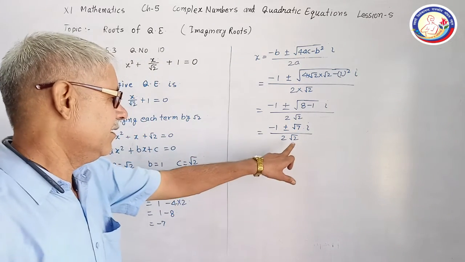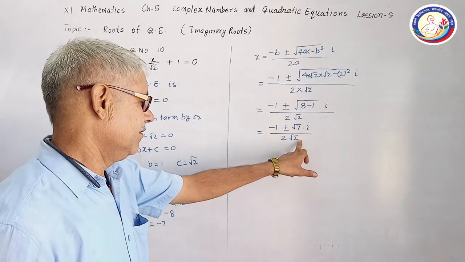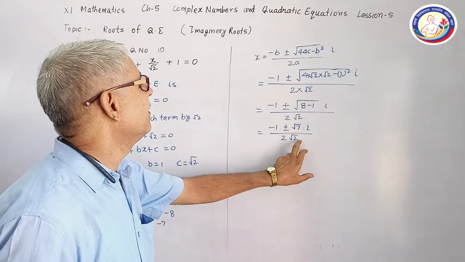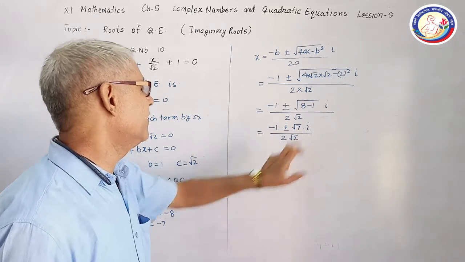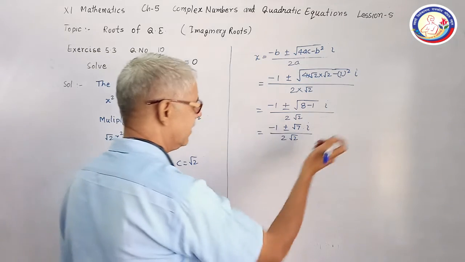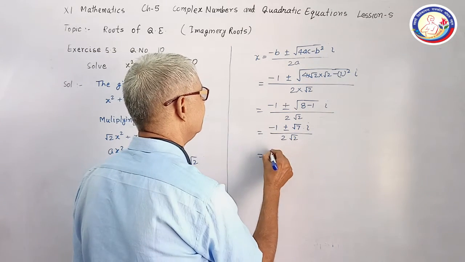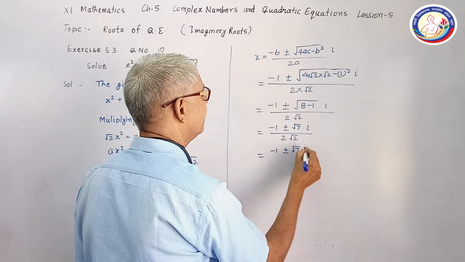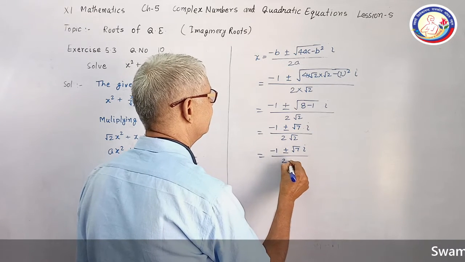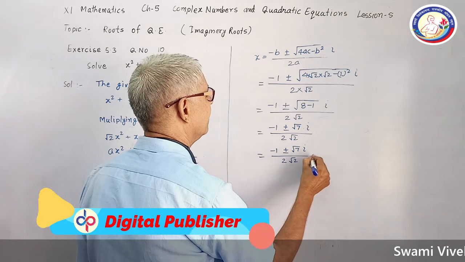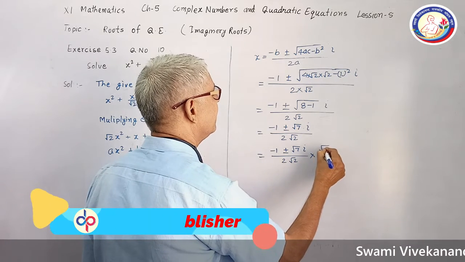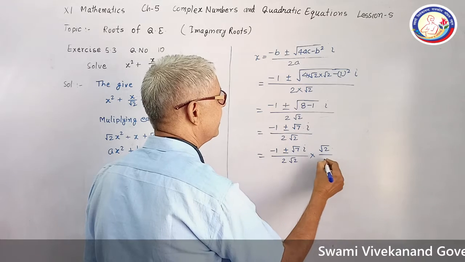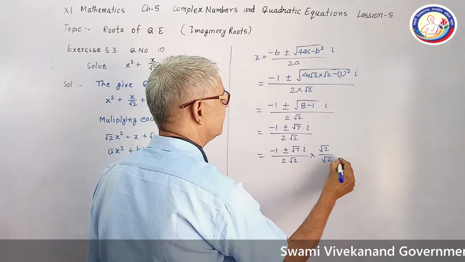So here we are having an irrational number in the denominator, so we will rationalize it. Minus 1 plus minus square root of 7 iota divided by 2 root 2, multiply denominator and numerator by root 2. The rationalizing factor here is square root of 2.